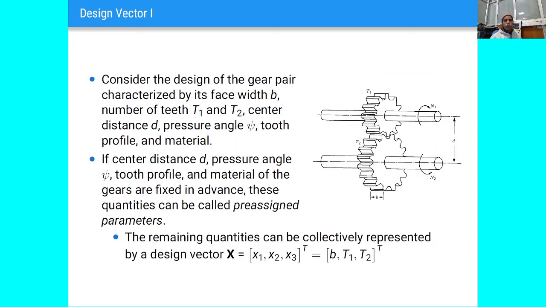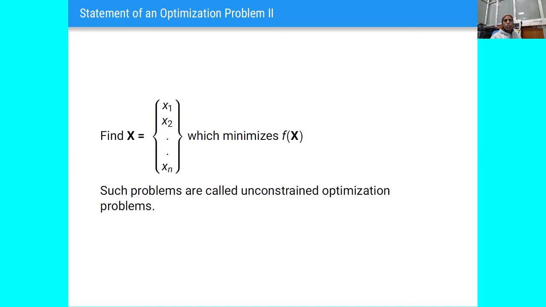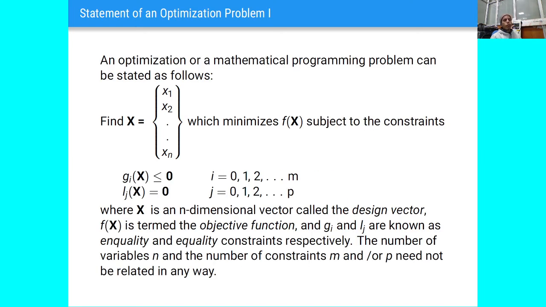So this way, we can understand that in any optimization technique, the problem looks like this: there may be certain variables x1, x2, up to xn, and there are certain constraints. These constraints may be equality constraints or inequality constraints.